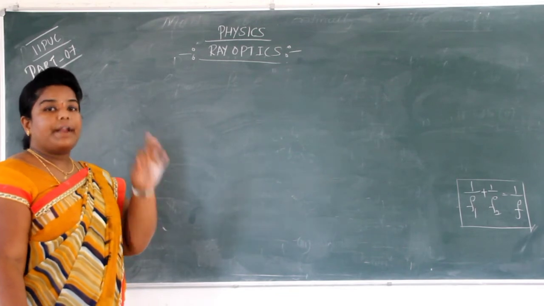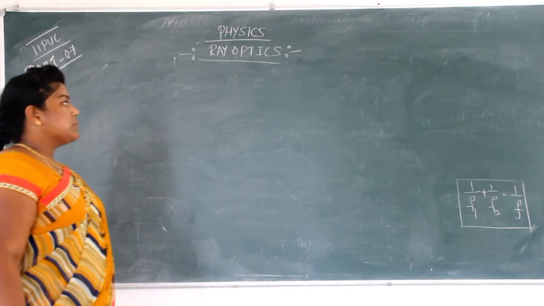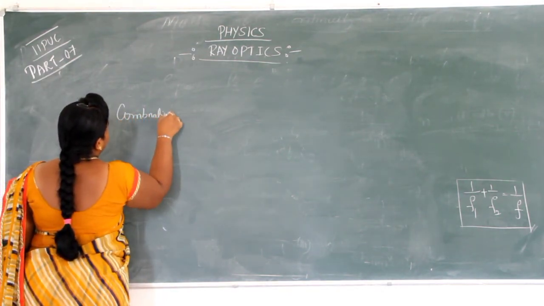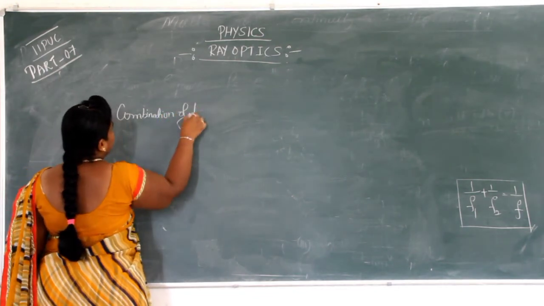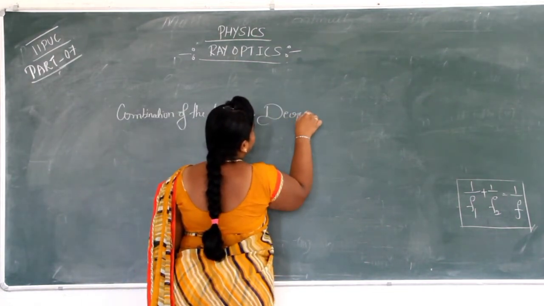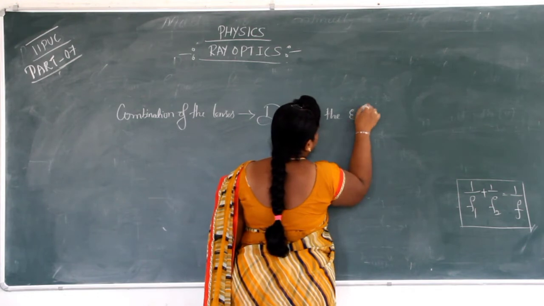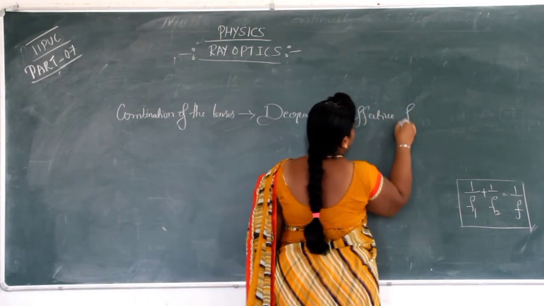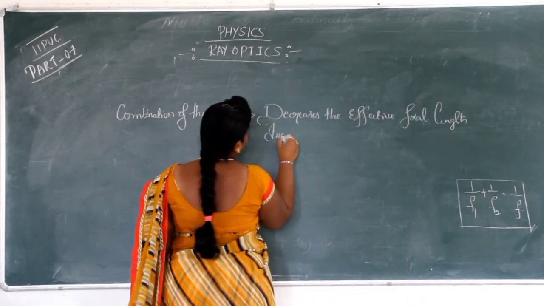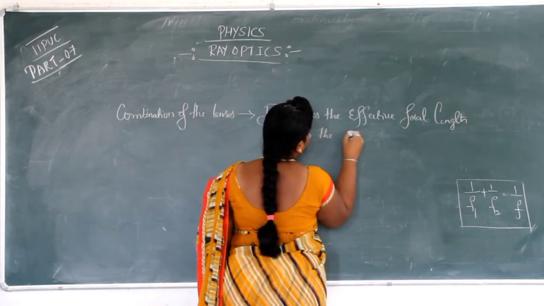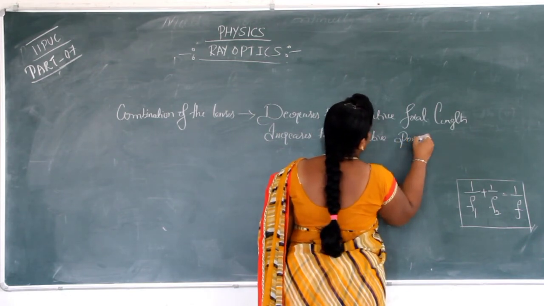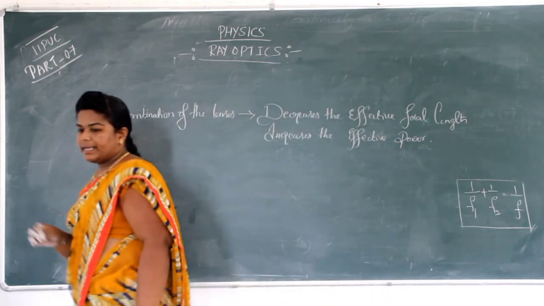focal length is going to reduce, but the power is going to increase. So while combining, combination of the lenses decreases the effective focal length, but increases the effective power, because focal length and power are inversely proportional to each other.